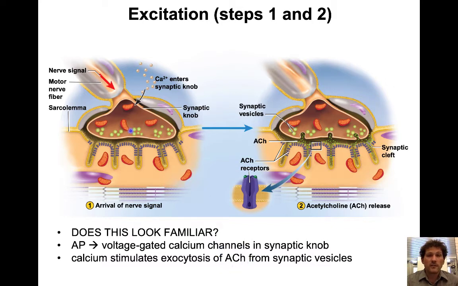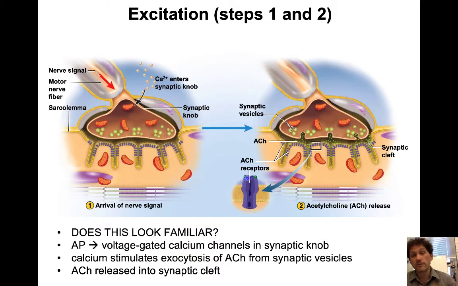And so those acetylcholine molecules or neurotransmitters are being released from those synaptic vesicles, and it's being released into our synaptic cleft. So over here in image 2, or step 2, you can see that acetylcholine being released. And if you zoom in right in here, hey, look what's there, acetylcholine receptors. So 2 acetylcholine molecules are going to bind to those receptors.